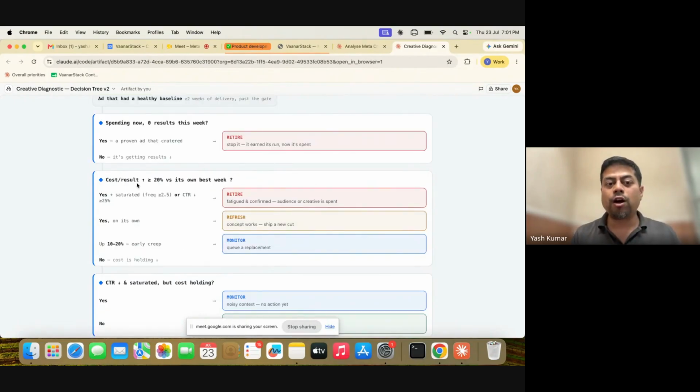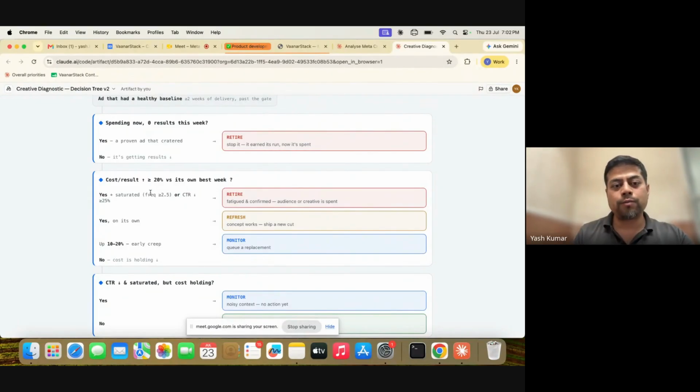Second metric, if cost per result is greater than 20%. Now, again, these numbers like 20%, some people might be more acute about it and want to keep that threshold at 10%. That is a judgment call that you have to take, right? So this is based on industry, you'll have to define what kind of thresholds you want to take.